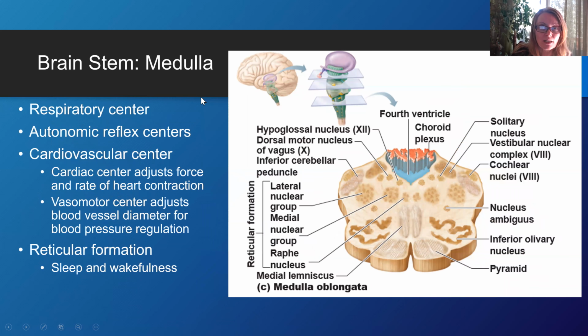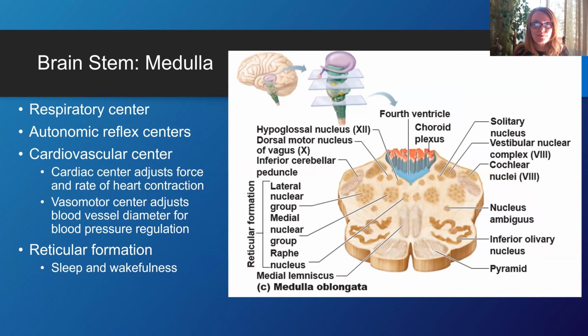Now moving to the medulla. The medulla has a respiratory center, cardiovascular center, autonomic reflex center. In the cardiovascular center, we have the vasomotor center, right? So that would send signals to your blood vessels to constrict or dilate.